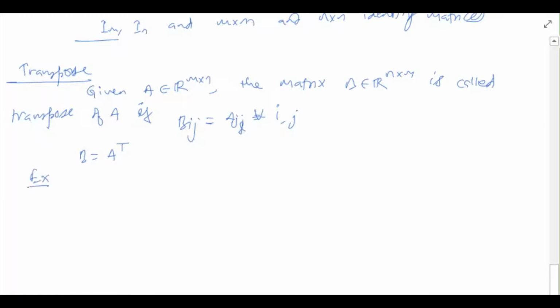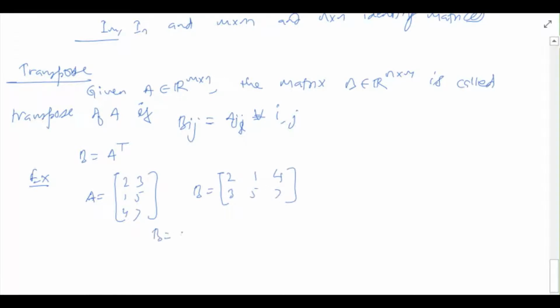So let us see an example. Let's say A is the 3 by 2 matrix with entries 2 3 1 5 4 7, and B is a 2 by 3 matrix whose entries are as follows.